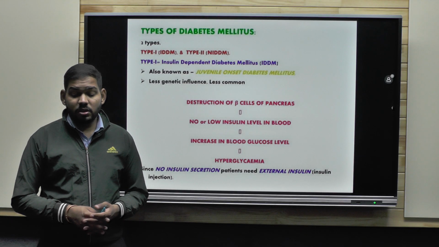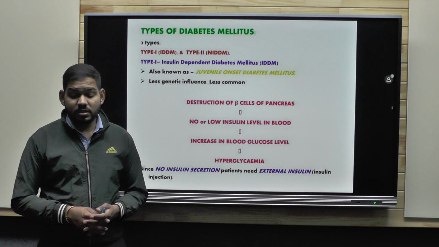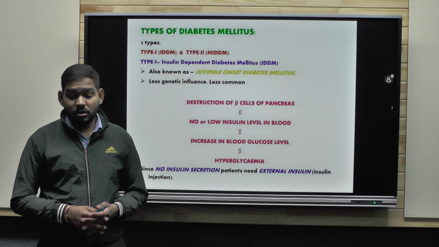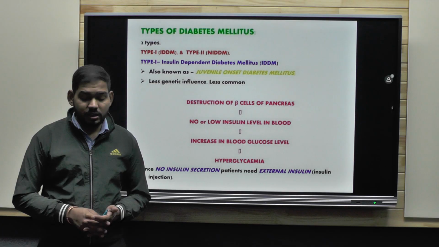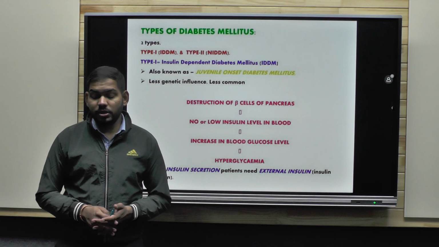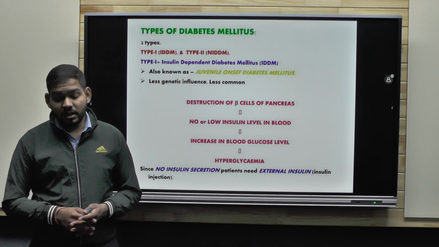In this, there is destruction of the beta cells of the pancreas, which results in a low insulin level in the blood, which eventually leads to an increase in the blood glucose level within the circulatory system, responsible for the hyperglycemic condition.